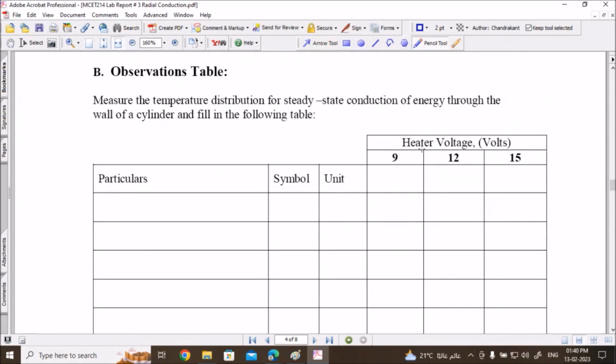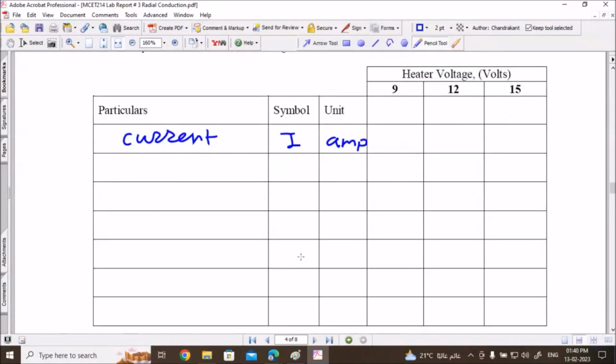So we will write the observation table for 9 volt. First we adjusted the 9 volts, so we are going to measure current I, ampere. Then we are going to measure the temperature at various radius. Temperature at R1 is equal to 7 mm, T1 degree centigrade.